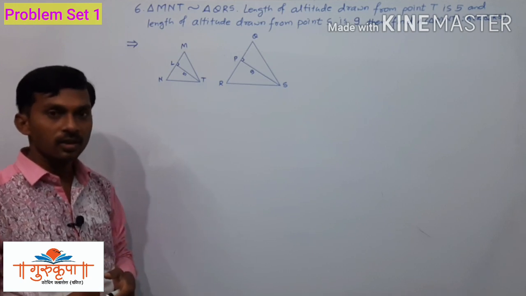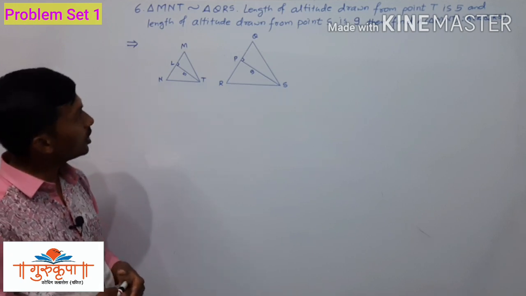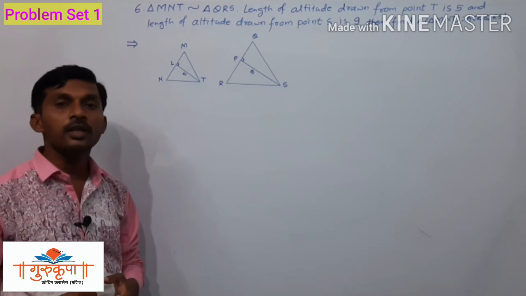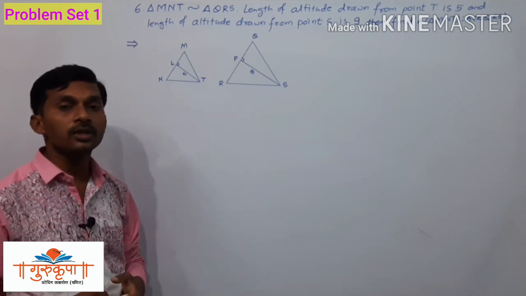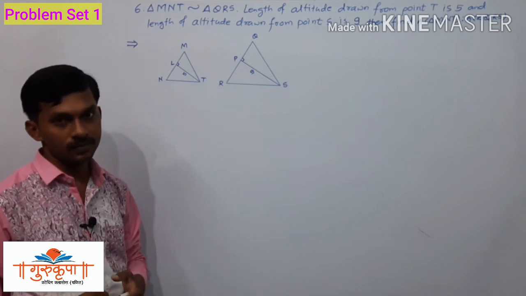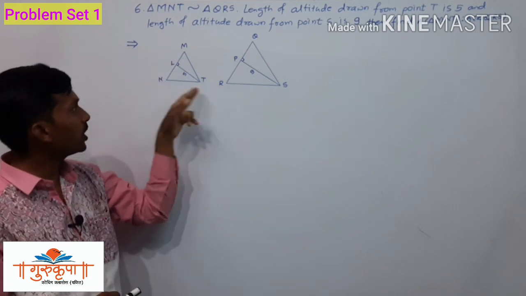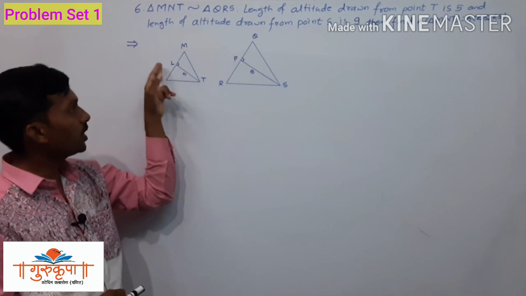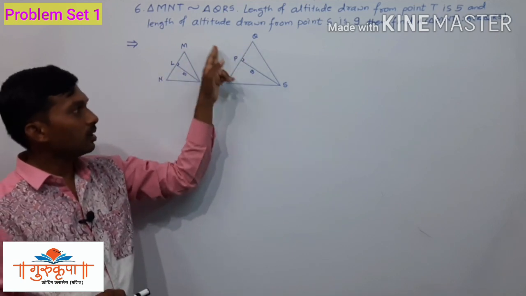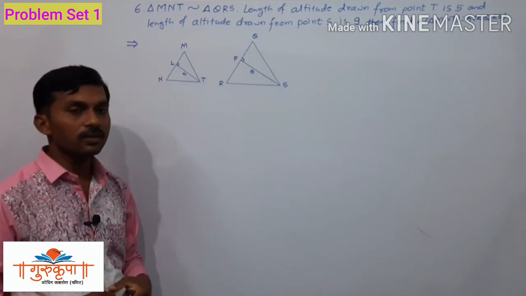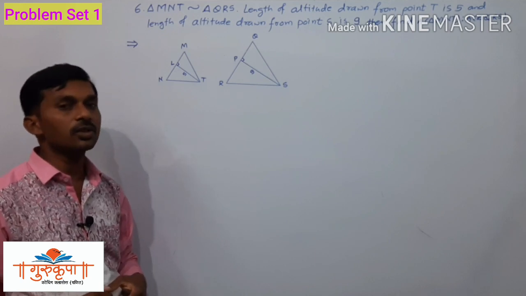But the important thing is we do not have any information about their corresponding sides. We know their heights: the height of triangle MENT is 5, and the height of triangle QRS is 9.